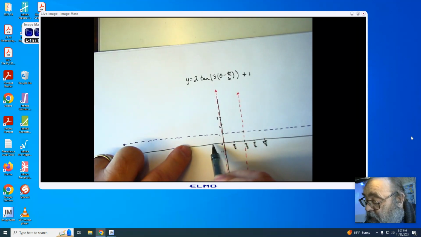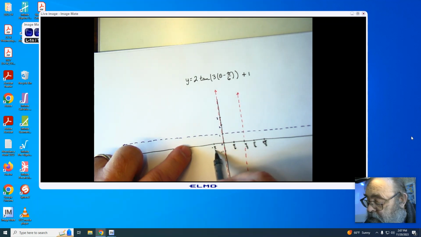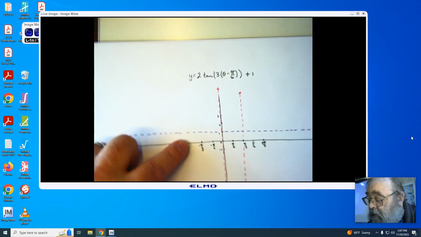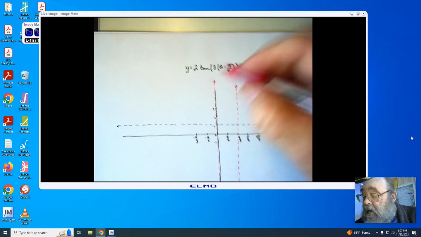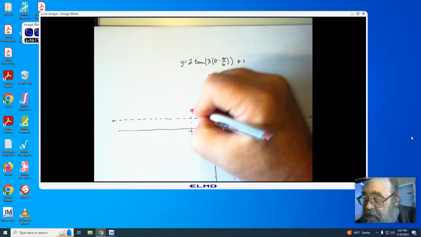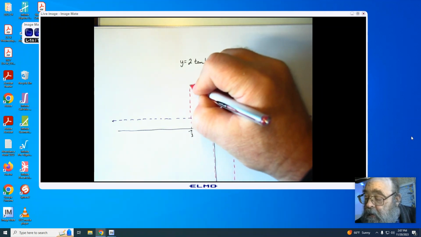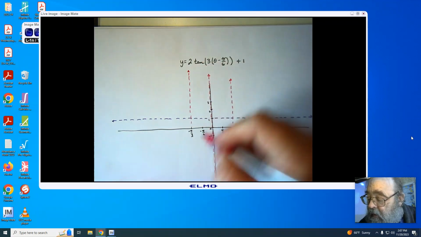Therefore, I can go over to a negative pi over 6, and then negative pi over 3. We're currently looking at 3 periods of our tangent. I'm just drawing my vertical.